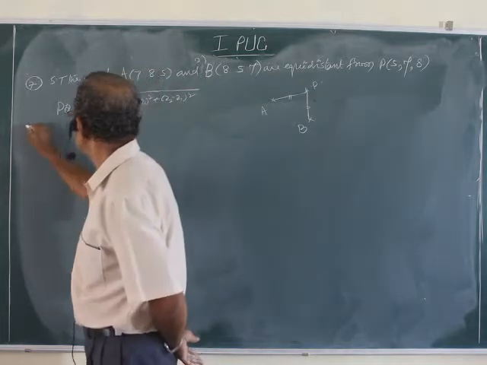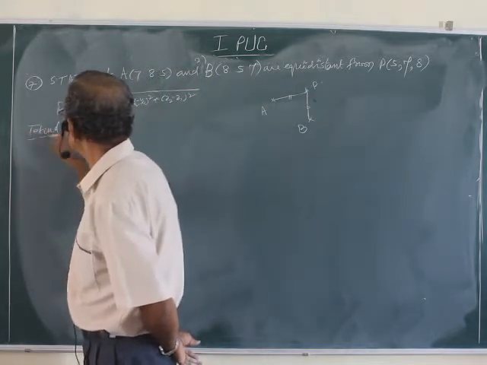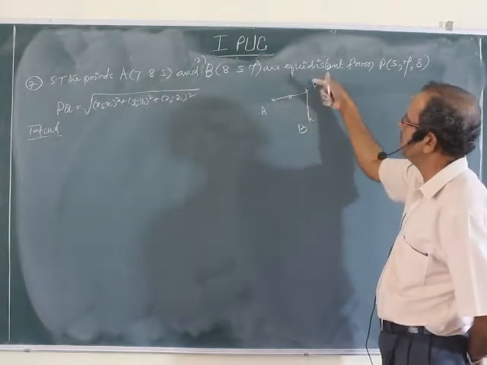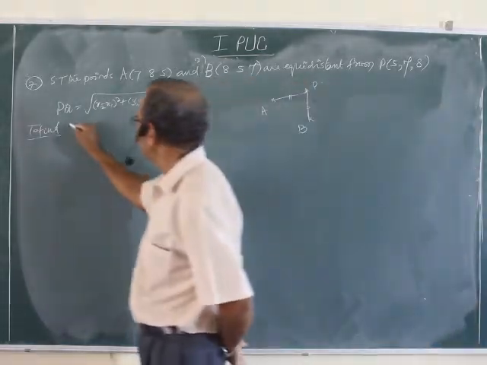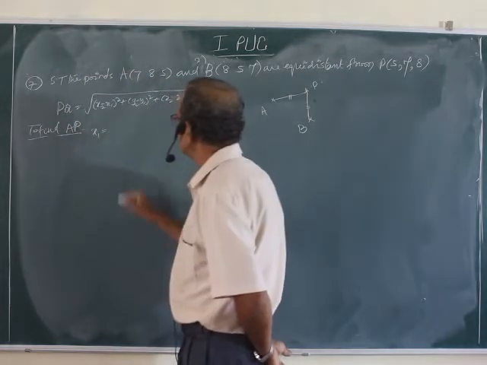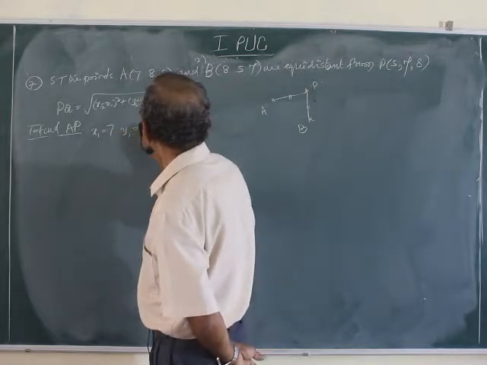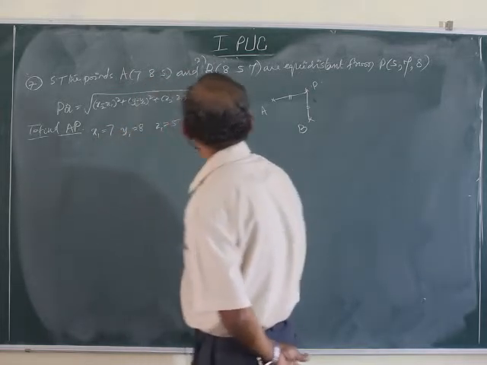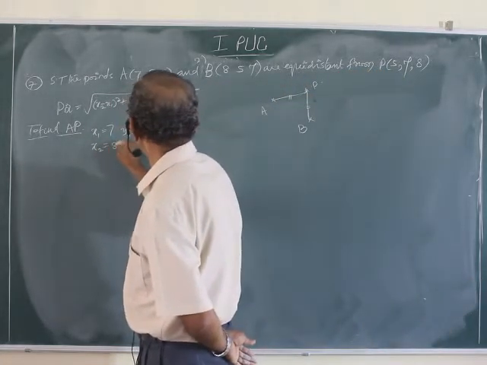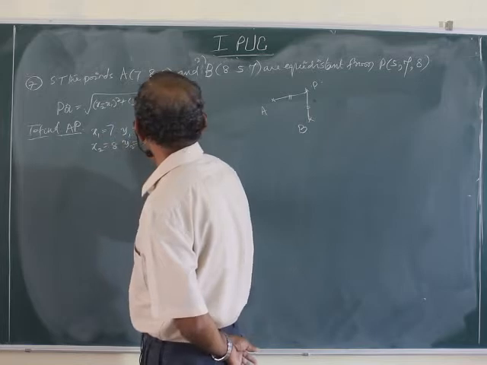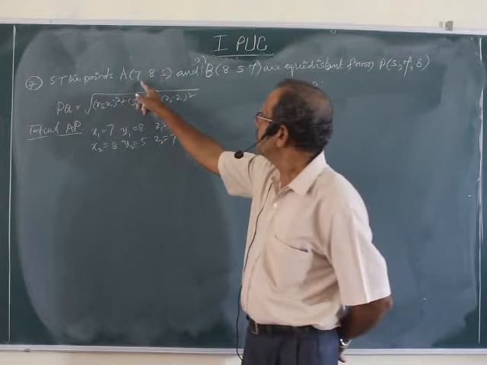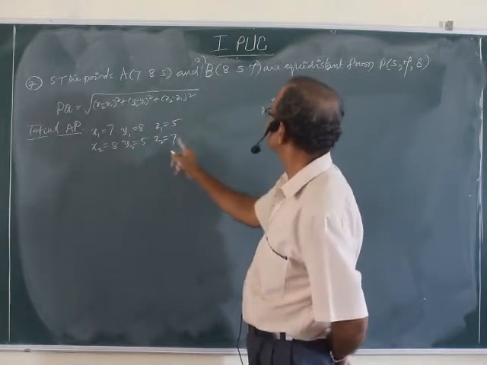Write the distance formula once. To find which distance? Don't find AB. AB is not required. AP and BP. To find AP, x1 is 7, y1 is 8, z1 is 5. x2 is 8, y2 is 5, z2 is 7.